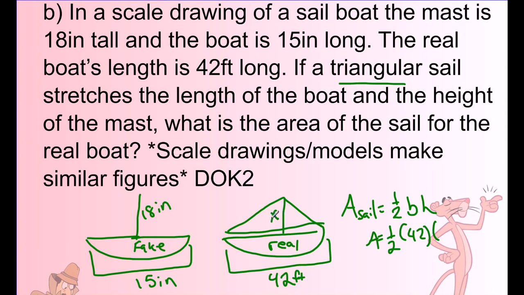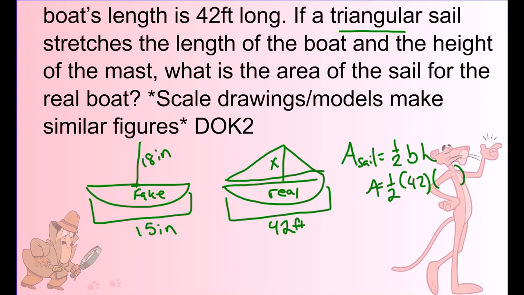I don't know how big this sail is in real life. I know how big it is in the drawing, but not on the real boat. So I have to do some math to find the height, to plug it into the formula to get my area. I've got similar figures.